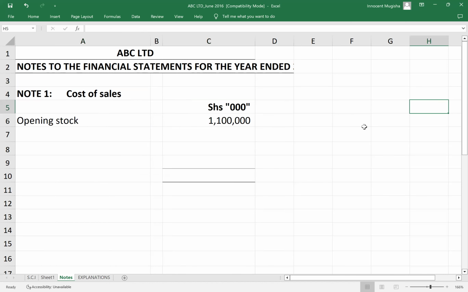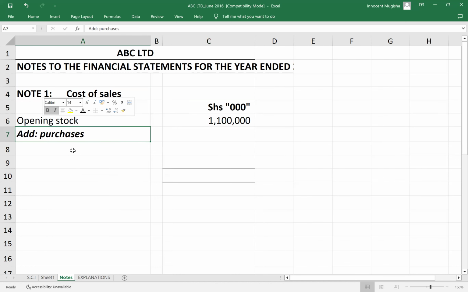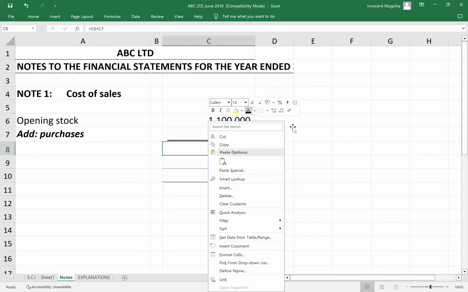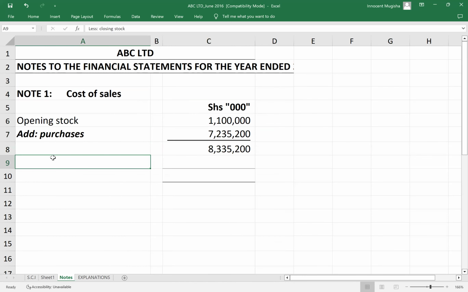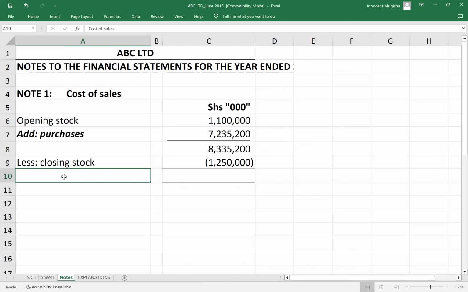Opening stock is 1,100. We add the purchases, which are 7,235, giving us a total of 8,335. Then we less the closing stock, which is 1,250, giving us our cost of sales, which is 7,085.